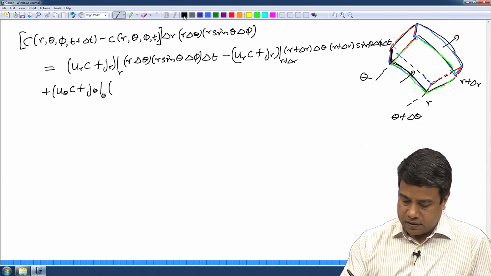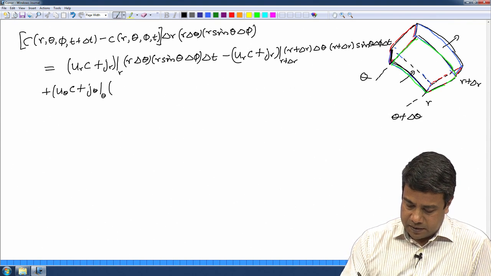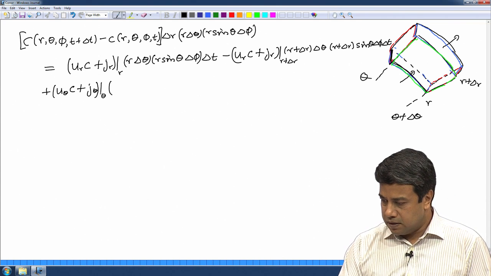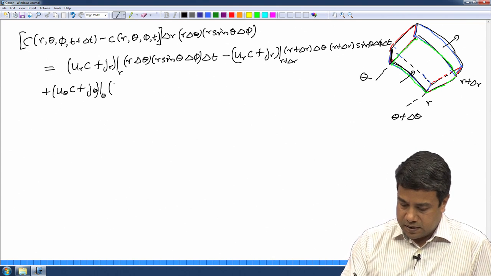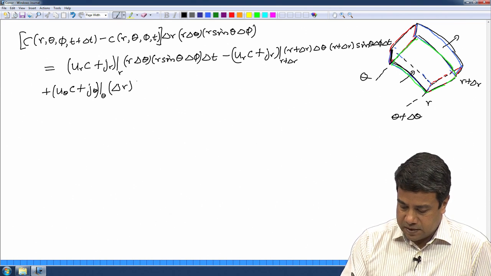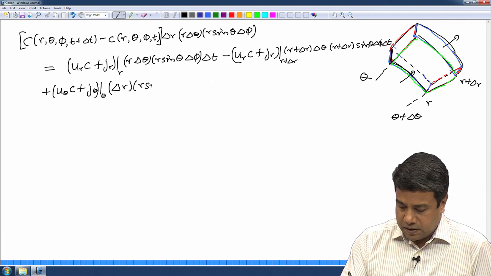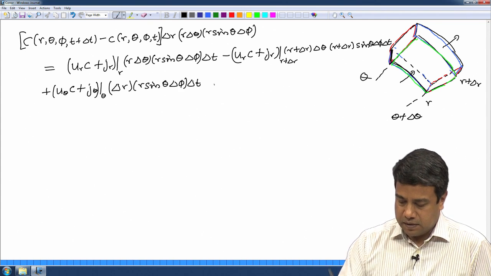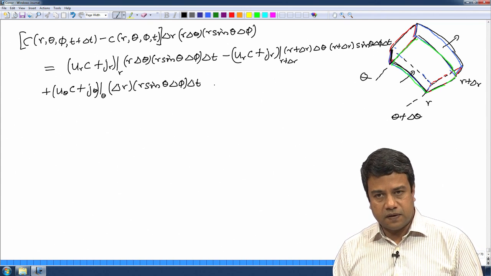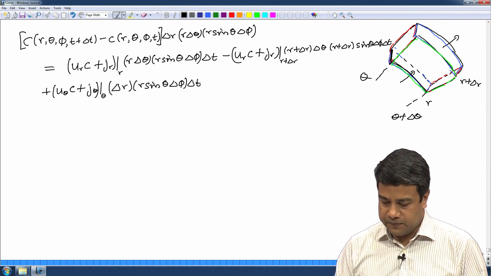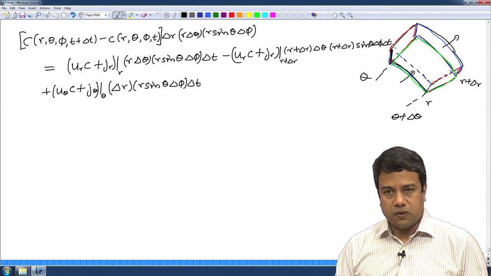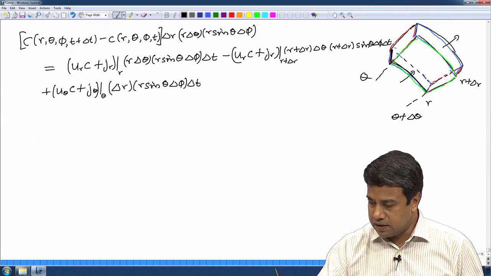What are the surfaces that are perpendicular to the theta direction? The surface area is delta r times r sin theta delta phi times delta t. So that is the flux times the surface area, and what is going out at the surface at theta plus delta theta.